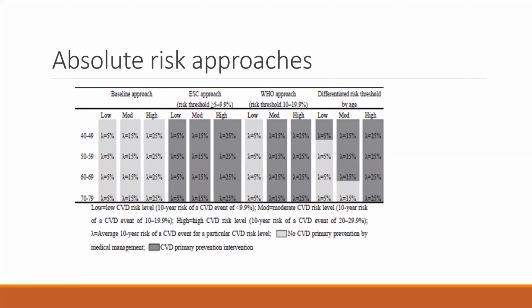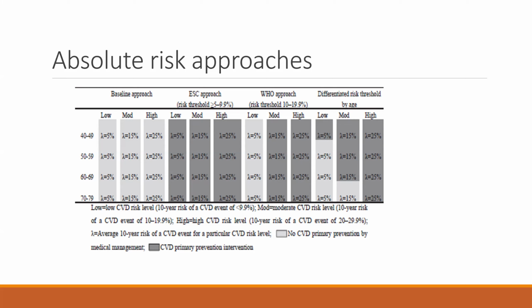Then we had a very ideal or best scenario approach, where we looked at the European Society of Cardiology approach, which advises that anybody with a risk above 5 to 10 should be given medical interventions for primary prevention of cardiovascular diseases.